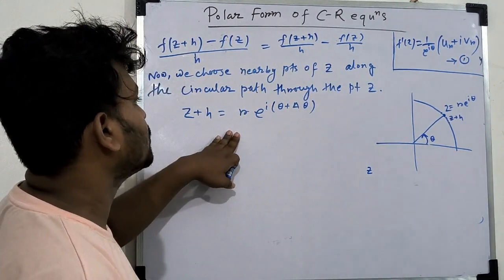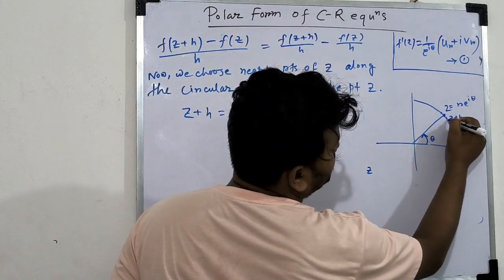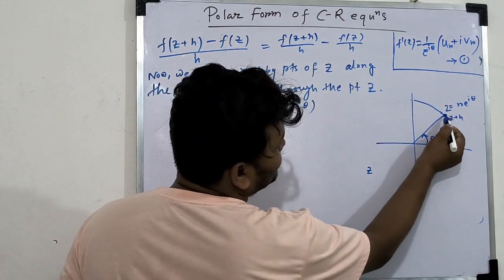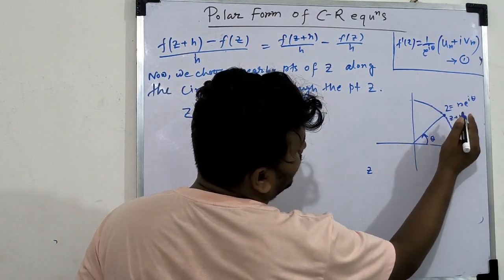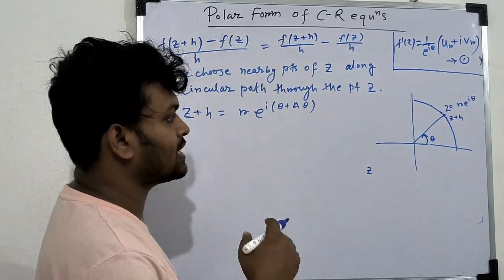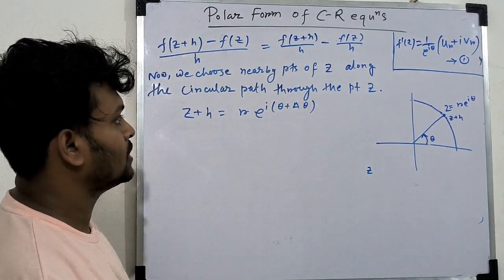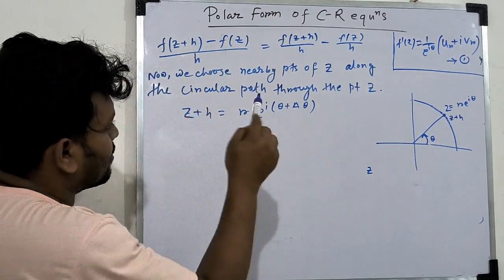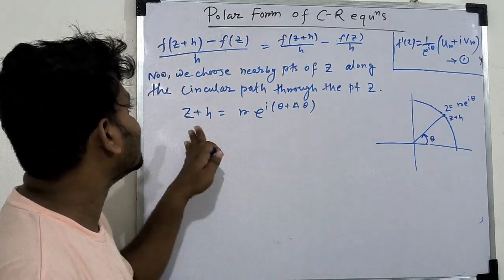If we choose these points on this line through the point z, then r will be the same, that is the radius will be the same, but theta will change to theta plus del theta for this z plus h. That's why we choose nearby points of z along the circular path through the point z.